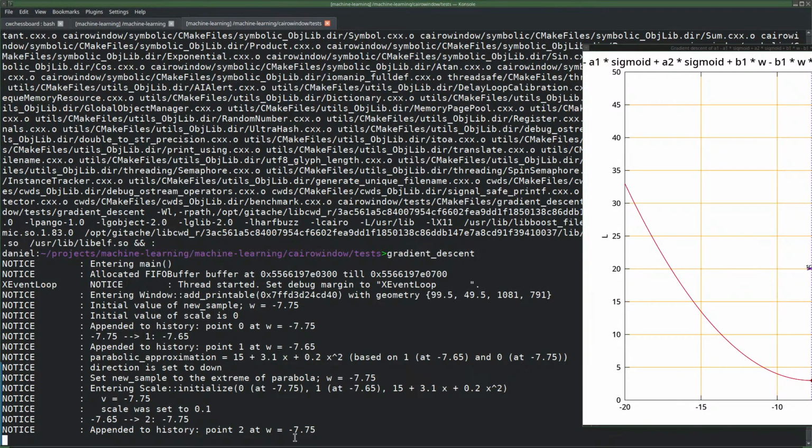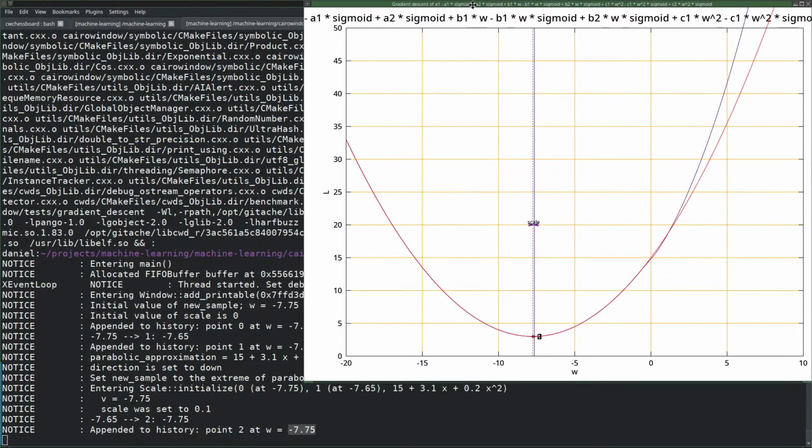But the point before that, point 0, is also at that value. So now I still have 2 points in the history that are exactly equal, which is going to be a huge problem. Because I'm using 3 points to do my parabola fitting. Well, not polynomial fitting.